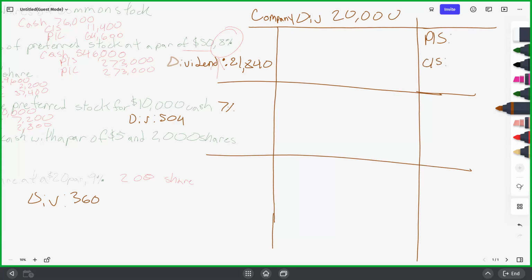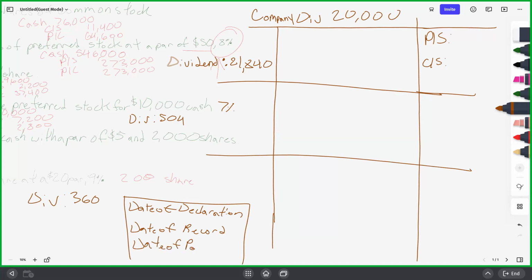And then I'm gonna need, and I'm gonna put it to the side here actually, journal entries for the date of declaration, date of record, and date of payment. And we'll just run through this and go over this in about 3 minutes. So take a moment if you need to look at your notes. This isn't a closed book quiz. You guys are free to look at whatever you need to.